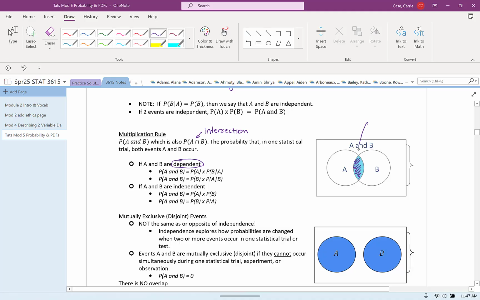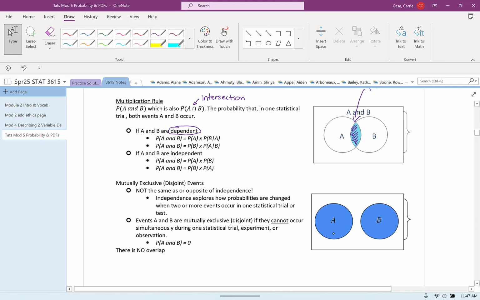This overlap is our probability of A and B. If A and B are independent events, then the probability of A and B is equal to the probability of A times the probability of B, and also equal to the probability of B times the probability of A.